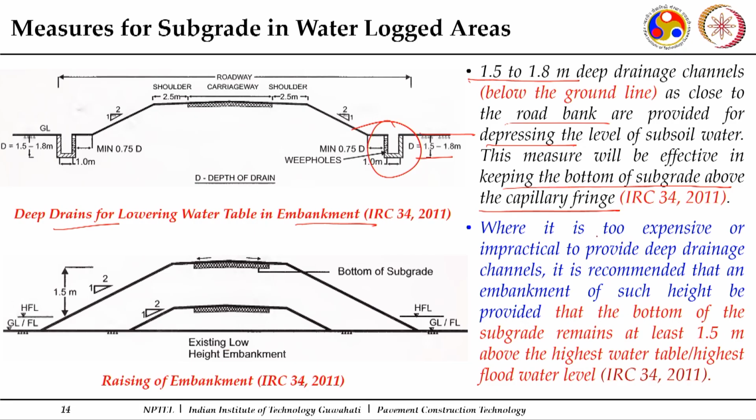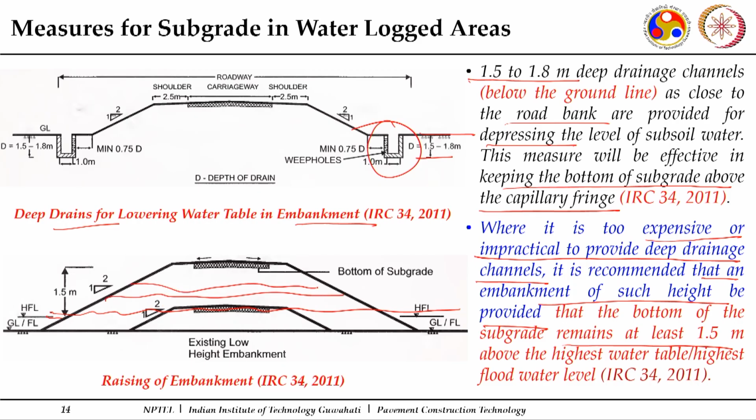Where it is too expensive or impractical to provide deep drainage channels throughout the length, it is recommended that an embankment of such height should be provided. Then I will raise the embankment. In that case, embankment construction has to be done so that the bottom of the subgrade remains at least 1.5 meters above. So, I will raise it in such a manner, and I'll construct it.